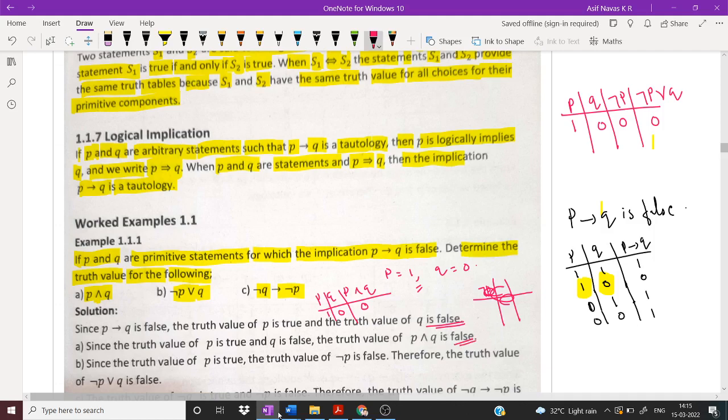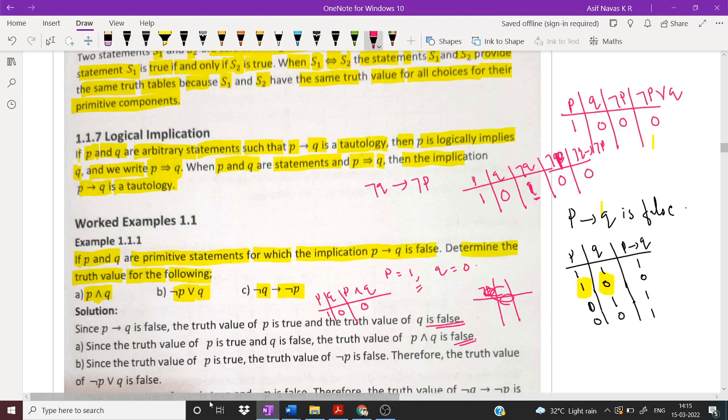Now the next is negation Q implies negation P. So we have P, Q, negation P, negation Q, and negation Q implies negation P. P is true, Q is false, negation Q is true, negation P is false, then negation Q implies negation P is false.